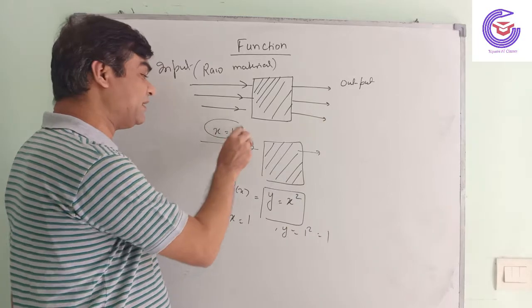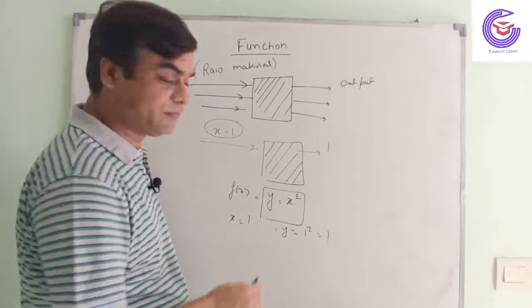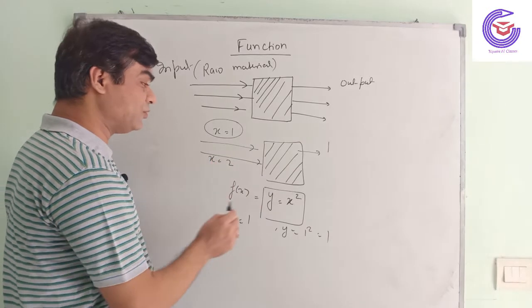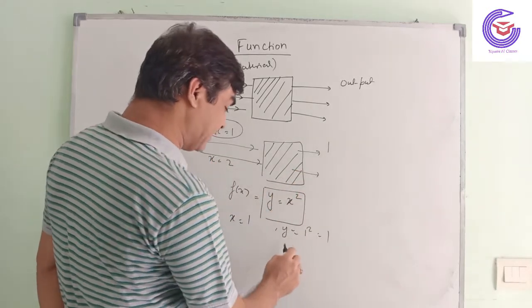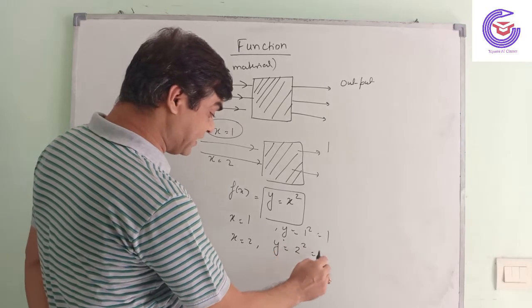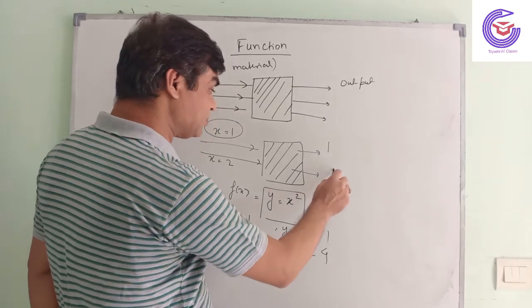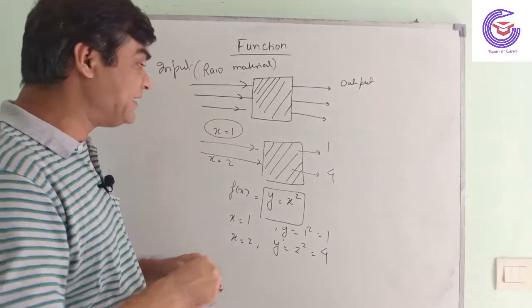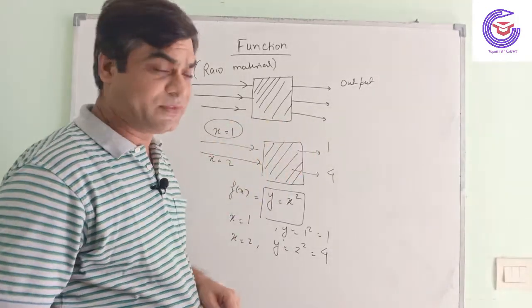So for input 1, you are getting output as 1. In a similar way, if you input x is equal to 2, y is equal to 2 square, that is 4. So for every input you are getting some output.